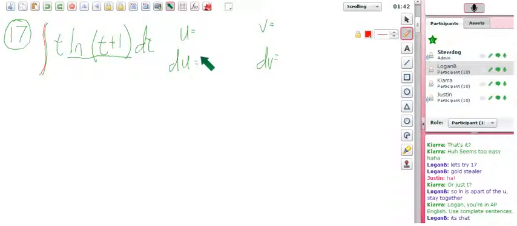It depends on what u is. We have to choose a u. Was t plus 1 not correct? Well, if we let u be t plus 1, then the derivative of t plus 1 would be dt. Just like we said before. But now it just comes down to, then what is dv?